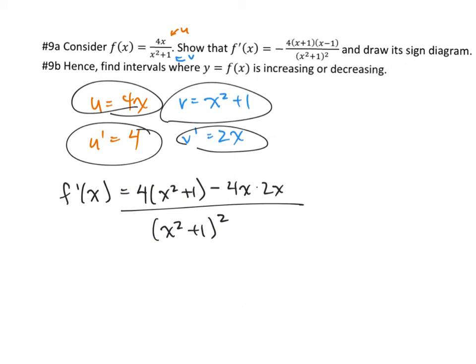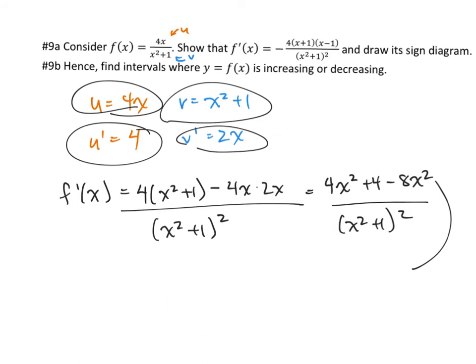Okay, we need to make it look like this, but I feel like that'll probably be okay if we just end up distributing a little bit, and then we could factor it out. So let's do that. This is going to be equal to 4x squared plus 4 minus 8x squared all over x squared plus 1 squared. This is negative 4x squared plus 4 all over x squared plus 1 squared.